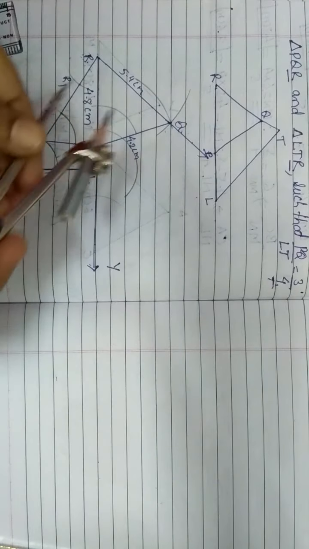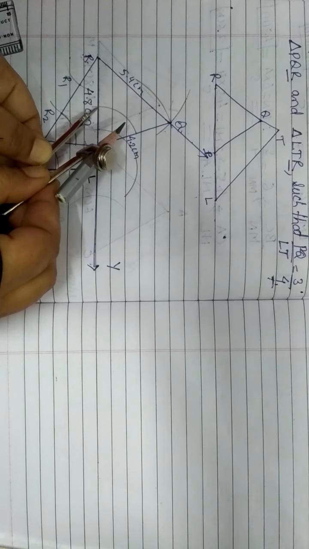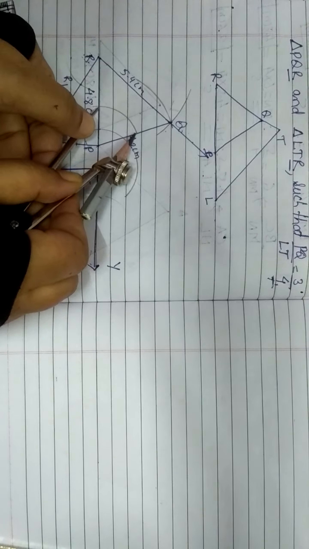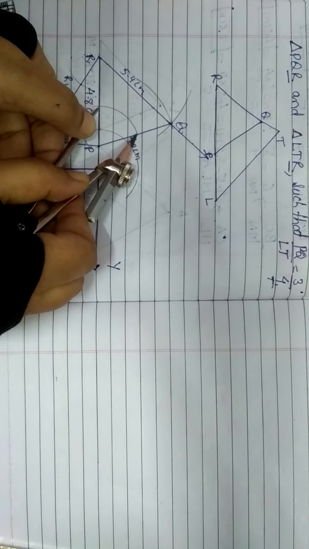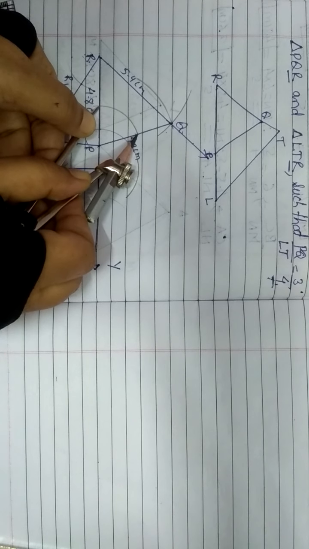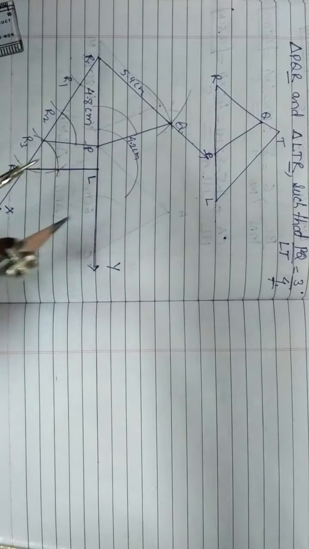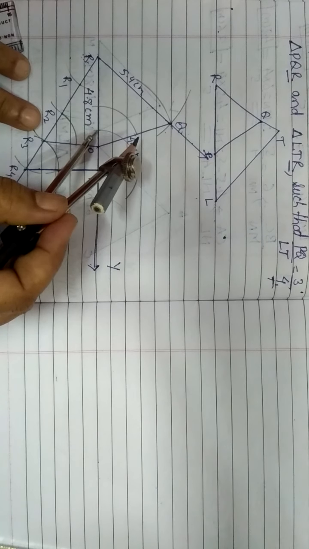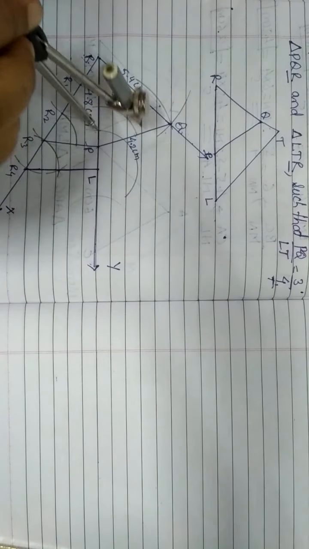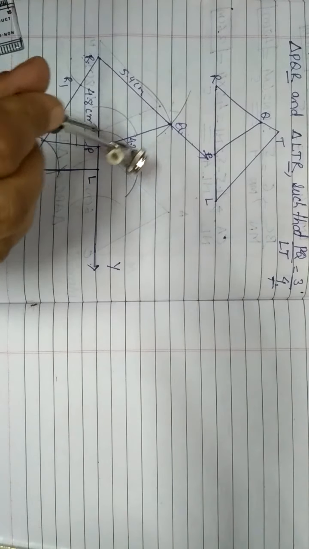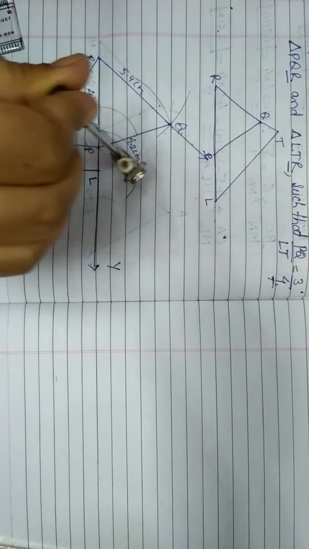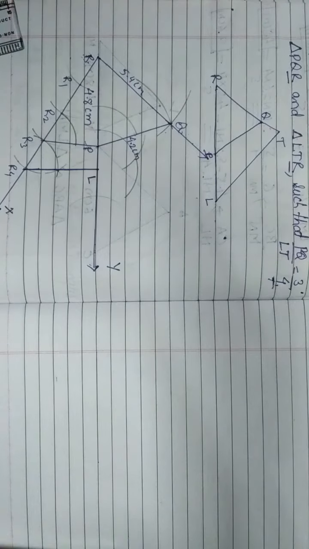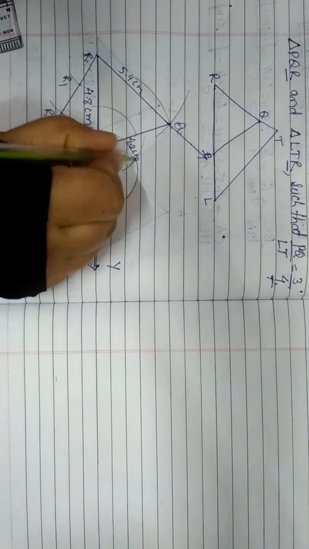Similarly, measure this distance from this to this in your compass exactly. Now keep it over here, don't keep it on P, it is on that intersection point, and cut this arc. You will get the point over here.